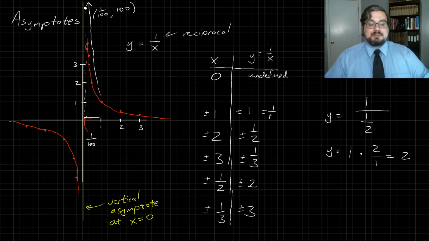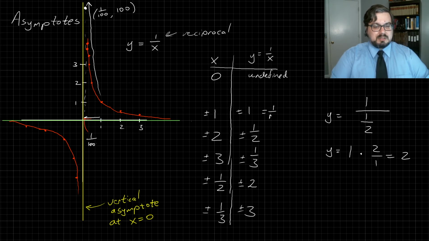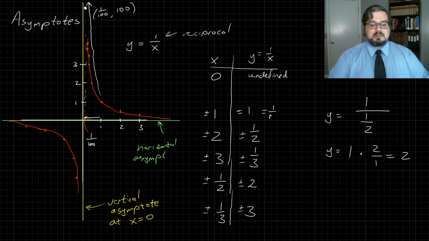Then if we look at what happens to the far left and the far right, if we start asking about the end behavior of this function, we see a similar thing happening. As we move further and further to the right or further and further to the left, the graph of the function is going to get closer and closer to this horizontal line, which we call a horizontal asymptote at y equals 0.